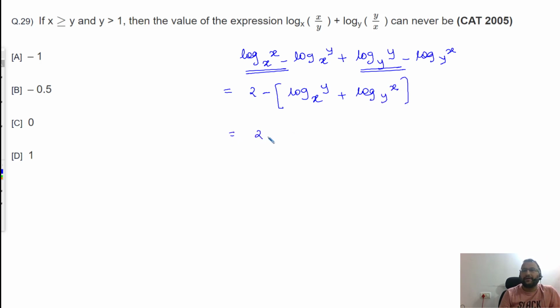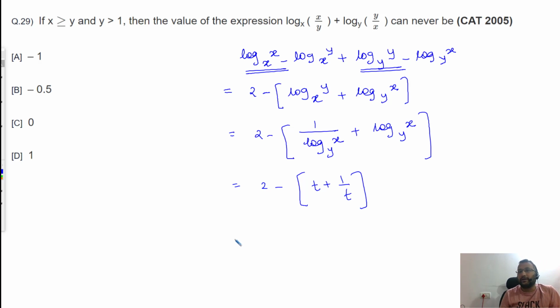This term you can write as 1 upon log of x to the base y, plus this is log of x to the base y. So this bracket is in the form of t plus 1 by t.